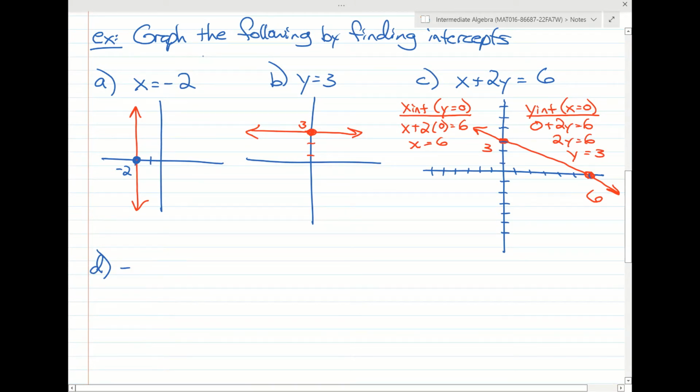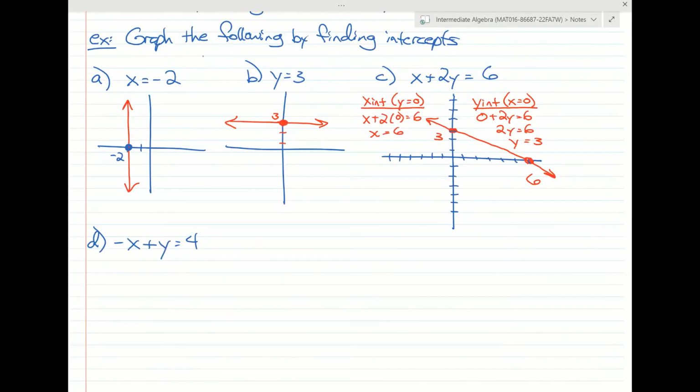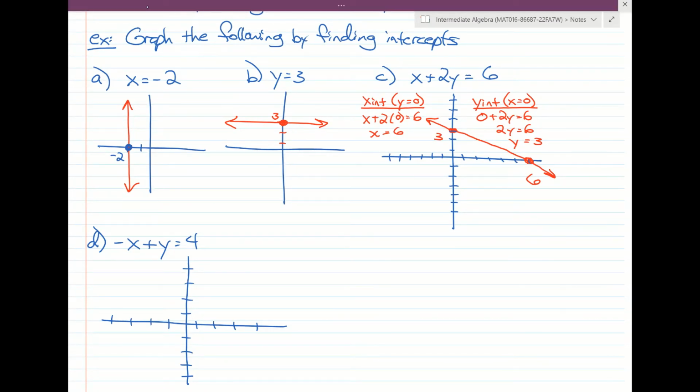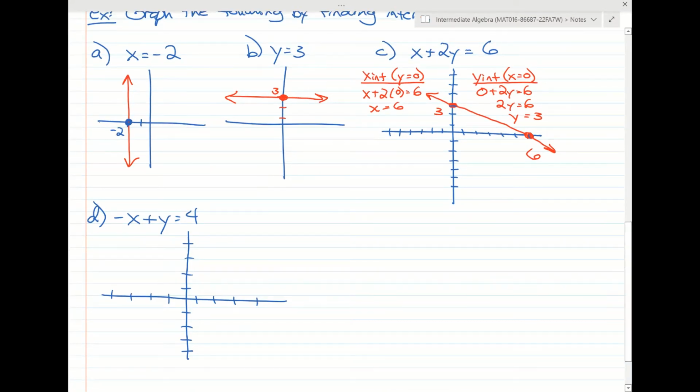Now, what if we had negative x plus y is 4? I'm just doing the same thing here, just like before.